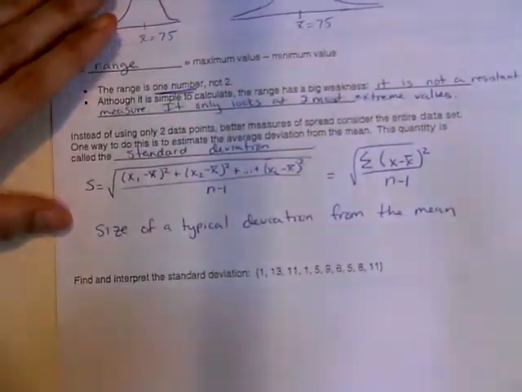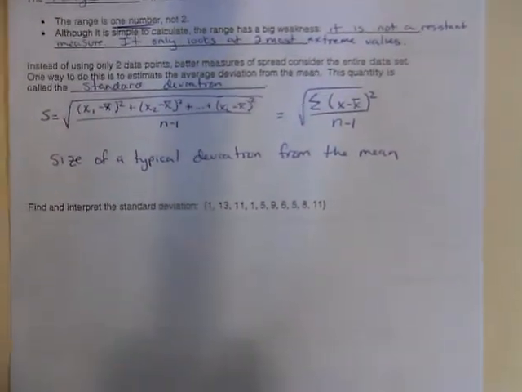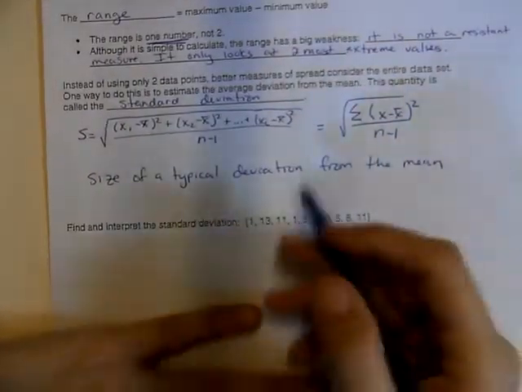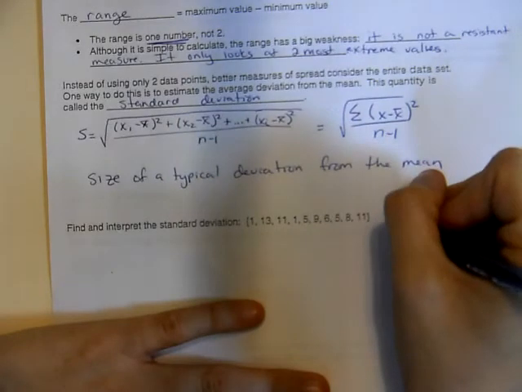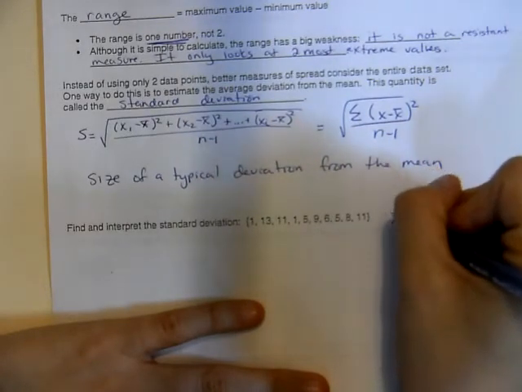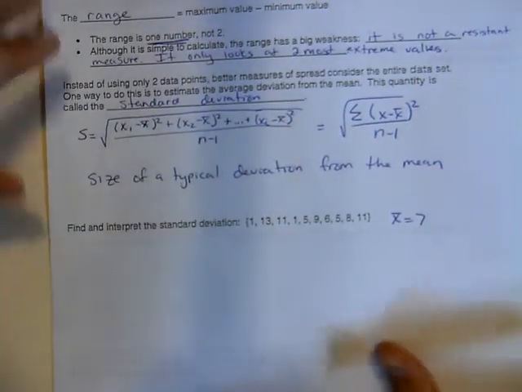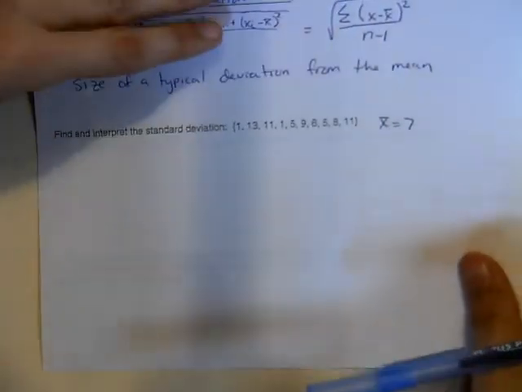So, find and interpret the standard deviation for these numbers. I'm going to do us a favor and tell you that x bar is 7. That's going to help us, because it's kind of a pain.